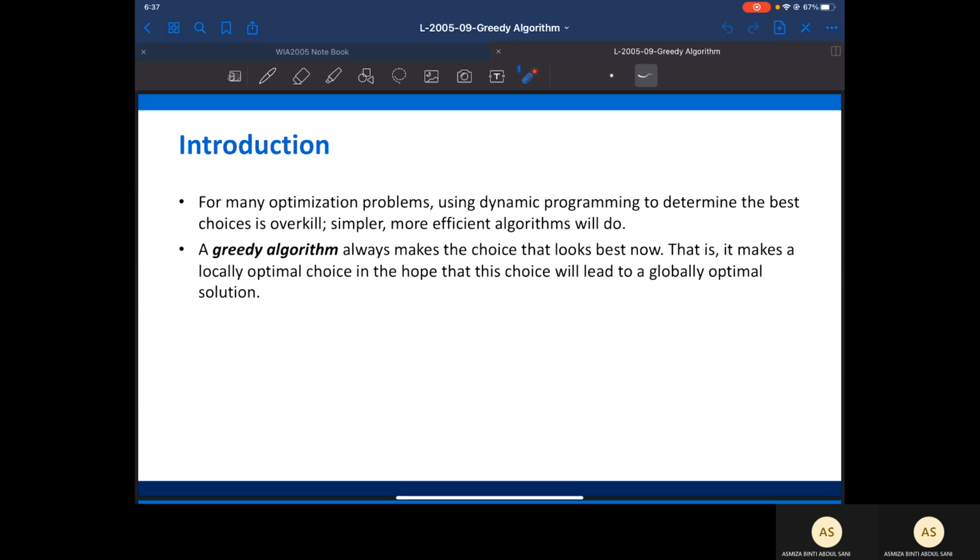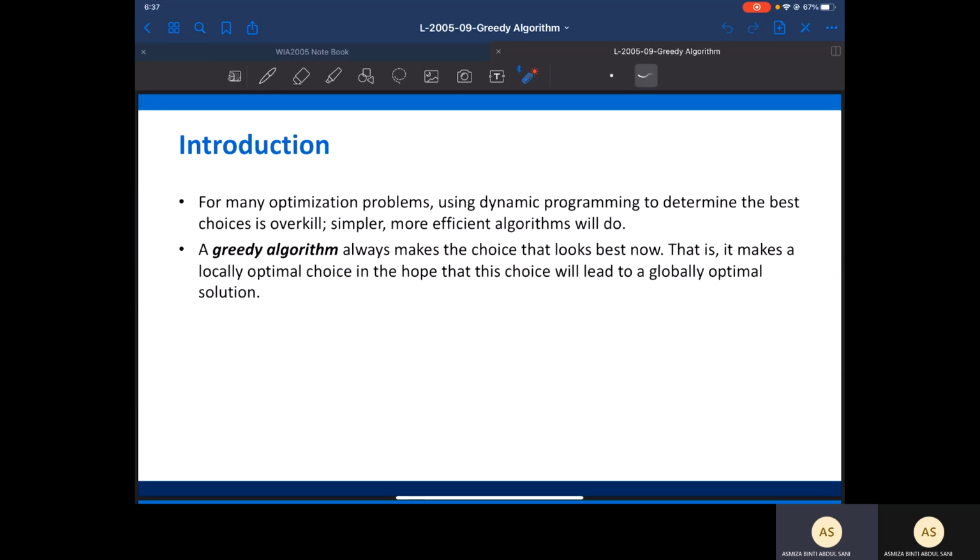All right, so for greedy algorithm, as I mentioned just now, how it solves the problem is that it always makes the choice that looks best now.